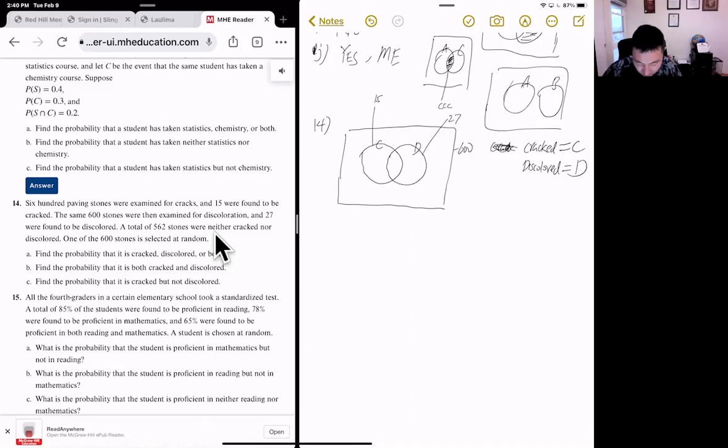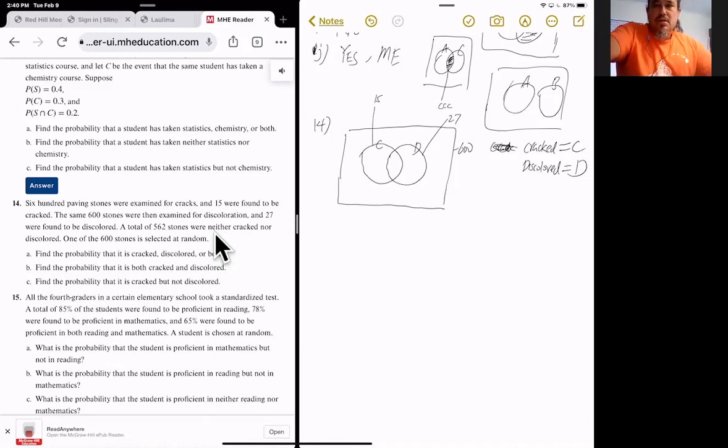Right. Also, what other information? Totally 562 are neither cracked nor discolored. So where does the 562 belong in the Venn diagram? In the middle where they intersect?